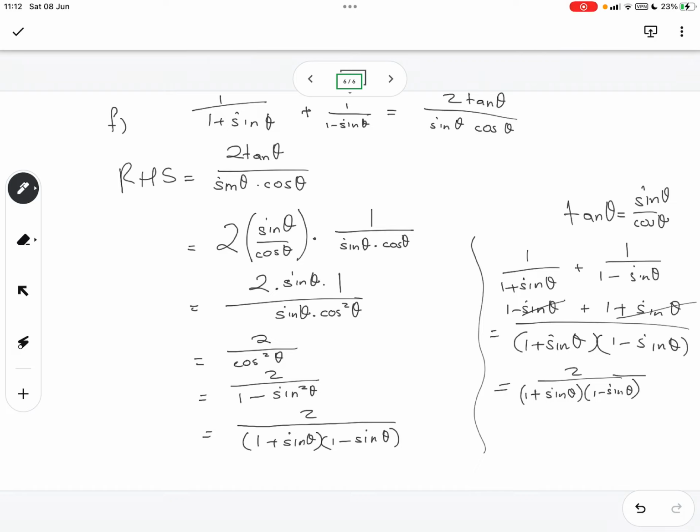These are additive inverses, so you're left with 2 over 1 plus sine theta, 1 minus sine theta.